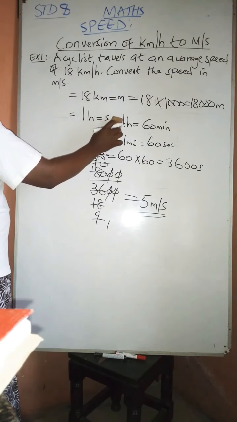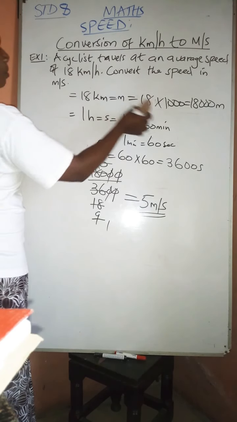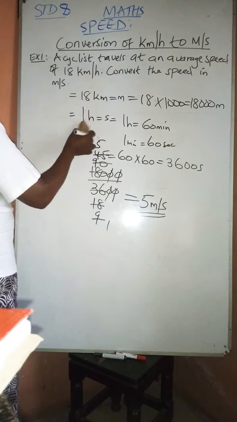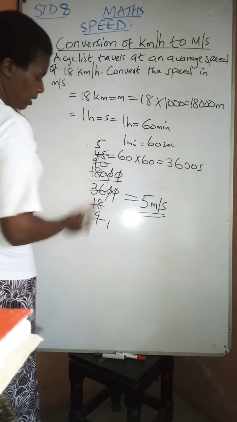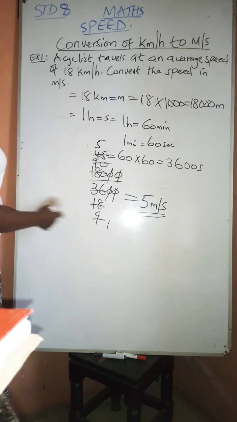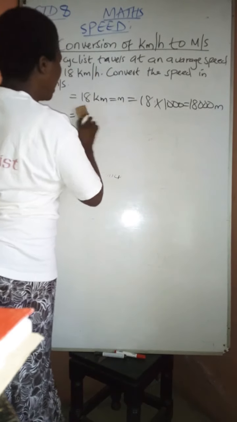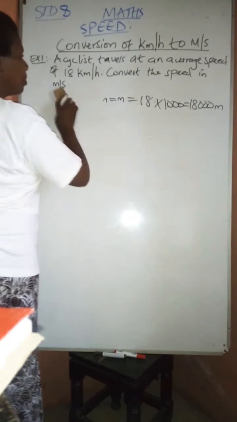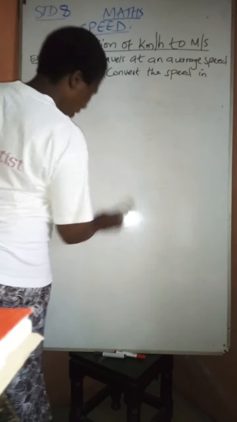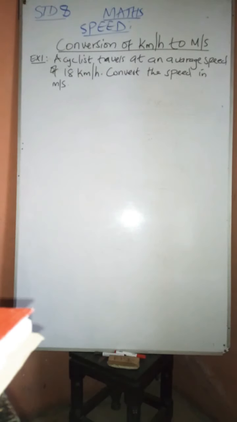And the conversion is simply that change the kilometers into meters, change the hour into seconds, then simplify. We have a simpler way now, a shortcut, because we are big boys and girls, that we can use to make our work easier.